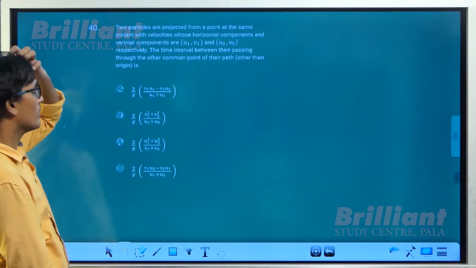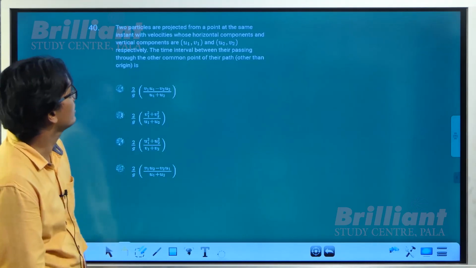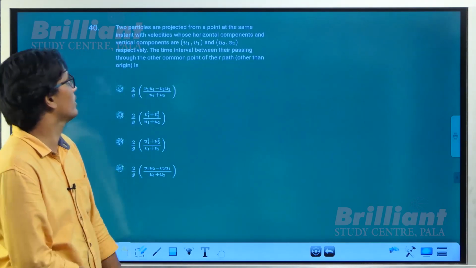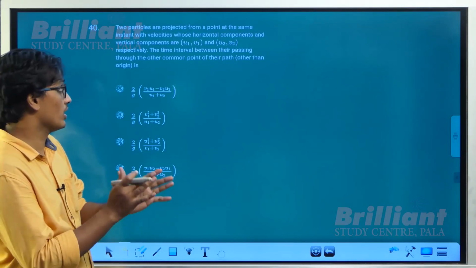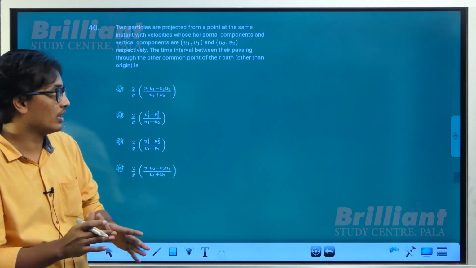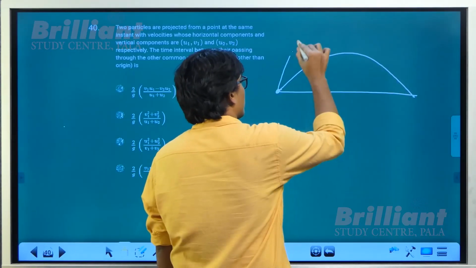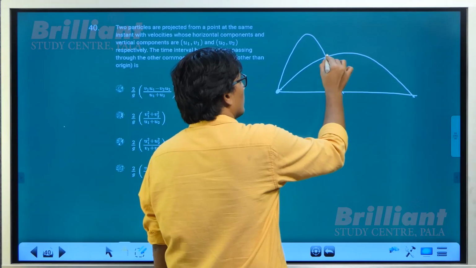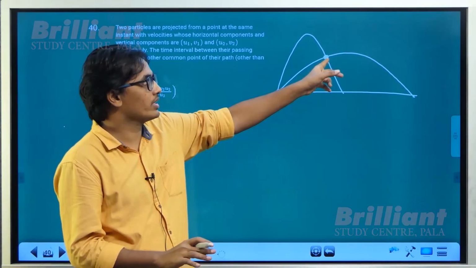Now, two particles are projected from a point at the same time instant with velocities whose horizontal and vertical components are given. The question asks for the time interval between the two particles passing through the other common point. They are projected from the same point, somewhere like this, and they are asking the time gap between the two particles reaching this point.